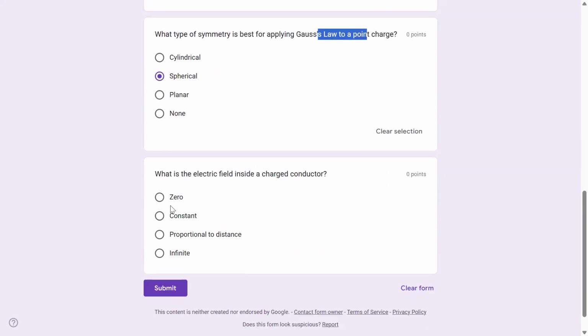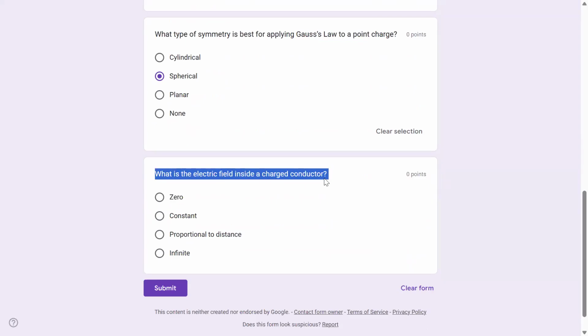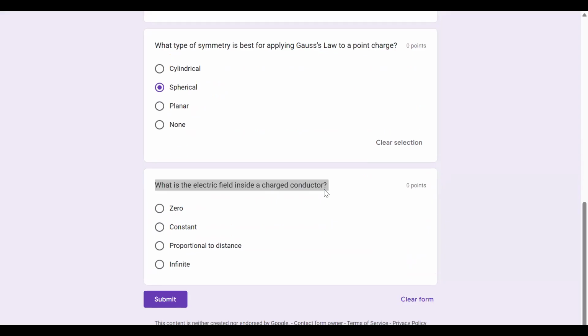Clear? Now, the final question: what is the electric field inside the charged conductor? Option A, zero. Very good, correct.